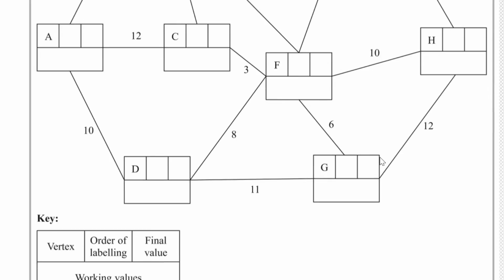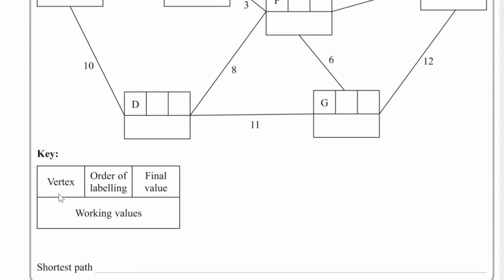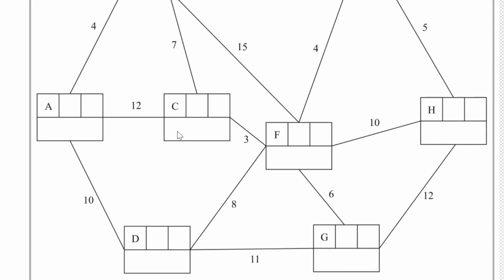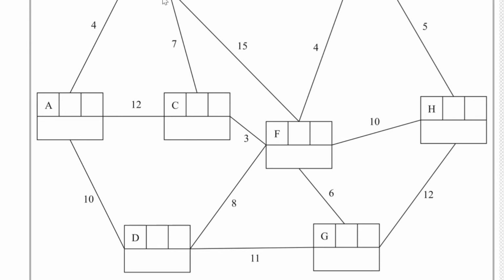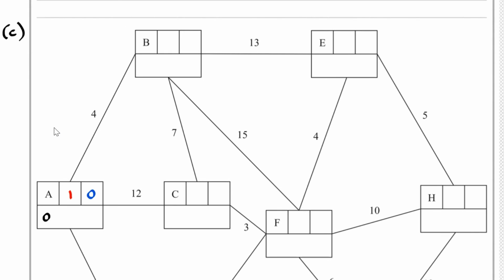So for part C, we've got this diagram here, and we've got this key. We've got the vertex, the order of labeling, the final value, and our working values. Now we are starting off at A, which means the order of labeling is 1, and we start off with the 0. Now, if I do 0 plus 4, I get 4. 0 plus 12 is 12.